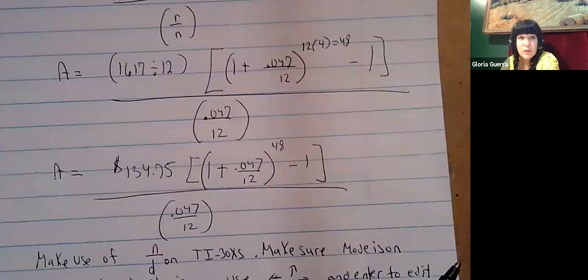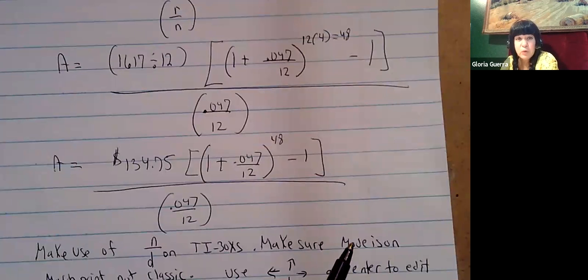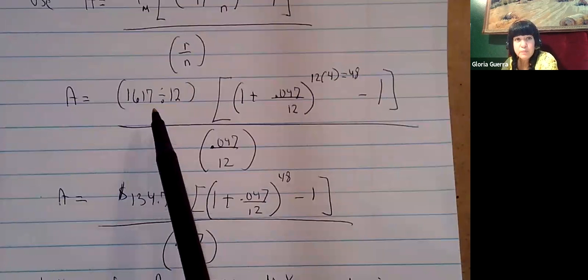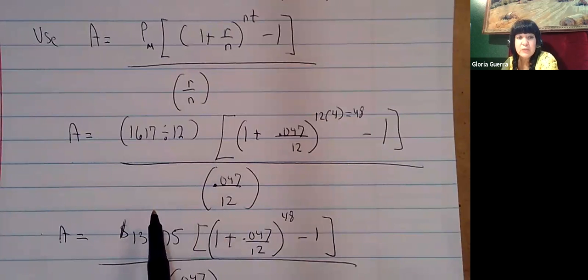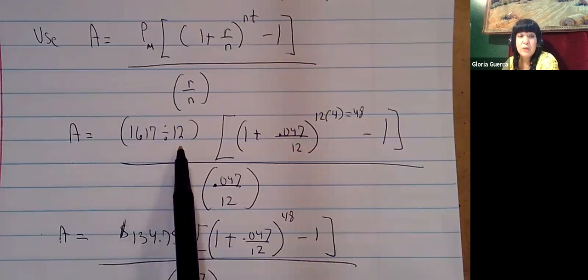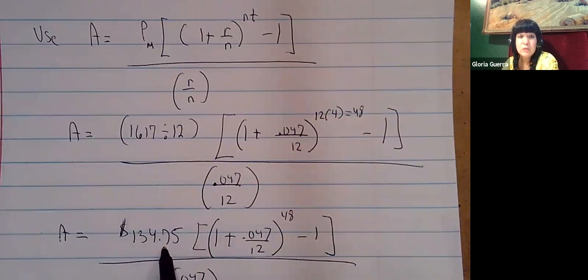And the good thing is that when you divide by 12 on your calculator, it terminates. So that's nice. If it hadn't terminated, it would have gone on in long decimals and you'd have to work with this amount, type this in. But it did terminate, so that's nice. And you see how I'm working with this?